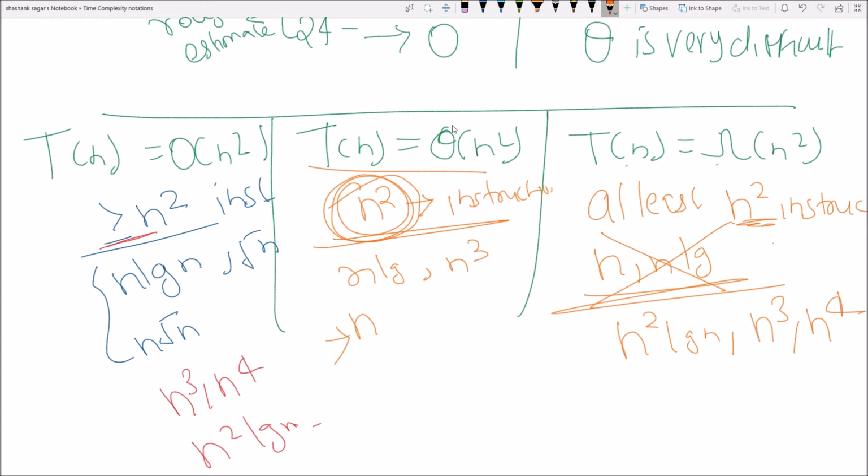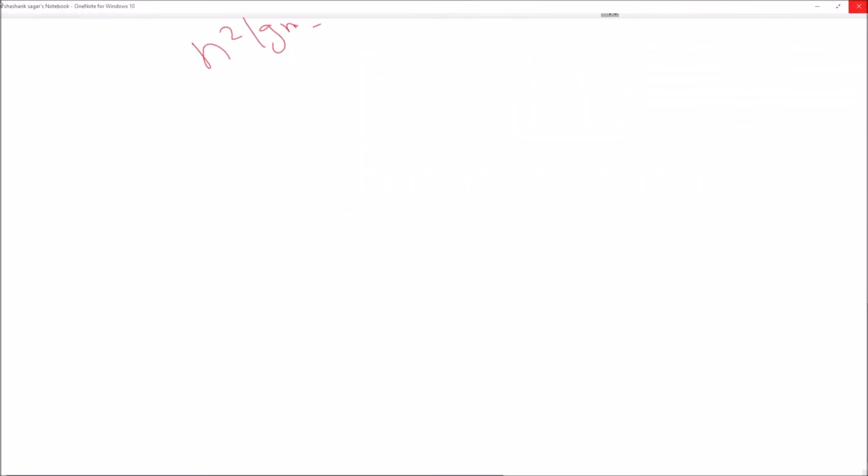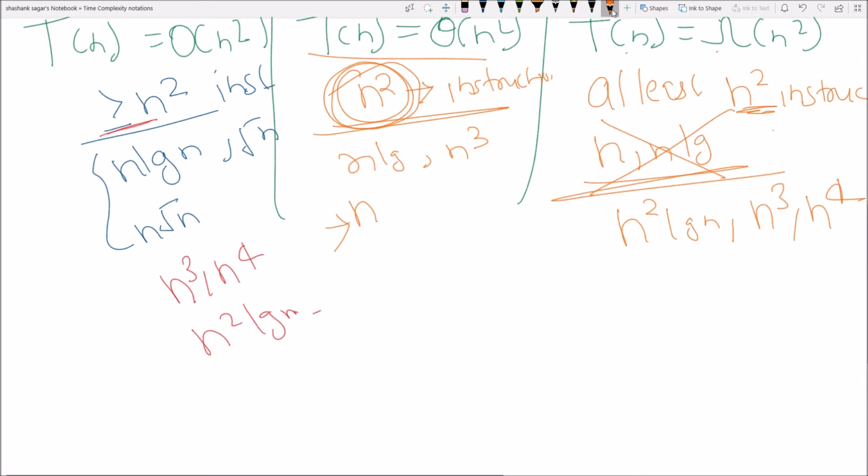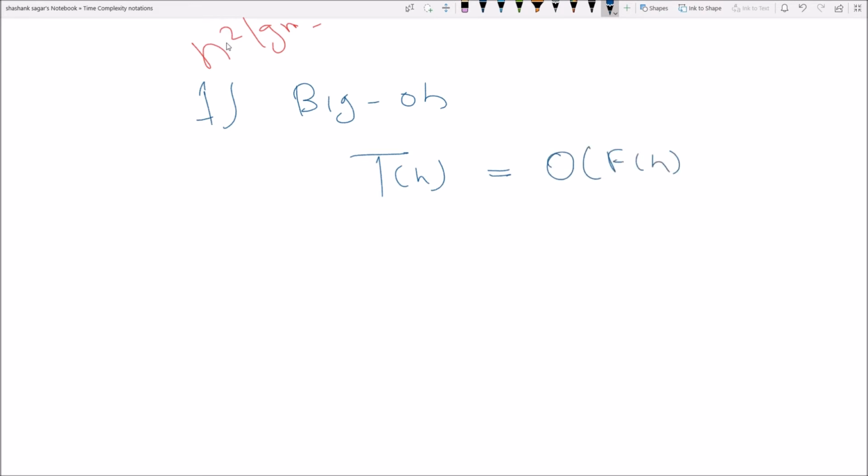Now we are going to understand each of these one by one mathematically. So first we are going to see big O notation. If I am saying T of n is equal to O of f of n, what do we mean?